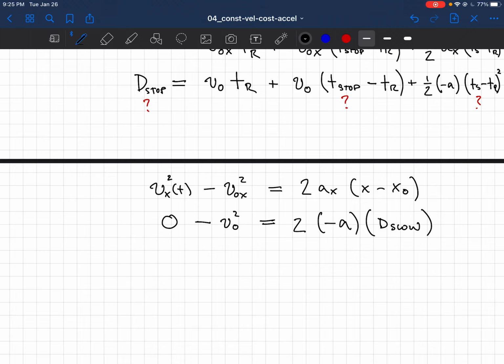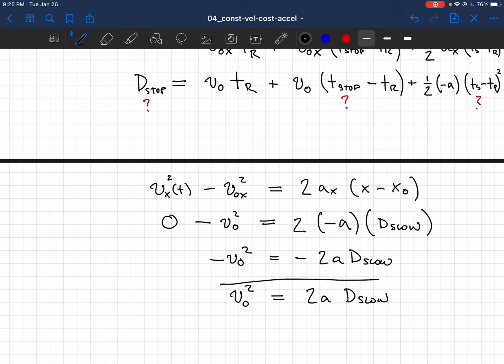So what do I get out of this equation? Well, I get minus v0 squared is equal to minus 2a d slow, which I could write as v0 squared is equal to 2a d slow. Let's put a box around that because we know it's a true equation.